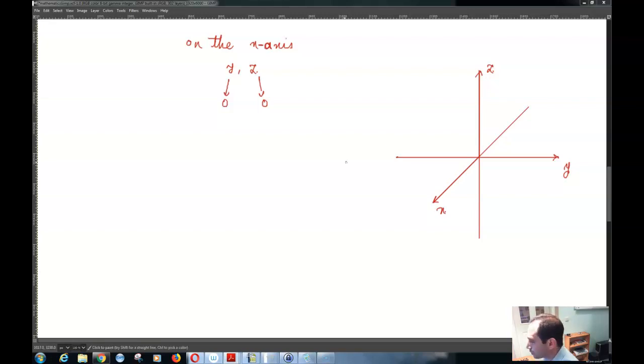Now, if a point is on the xz plane, what can you say about its y-coordinate?